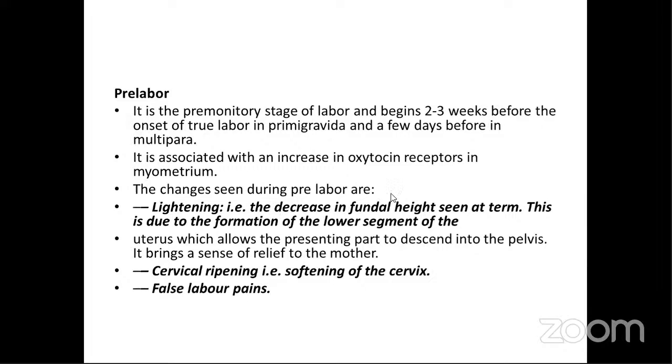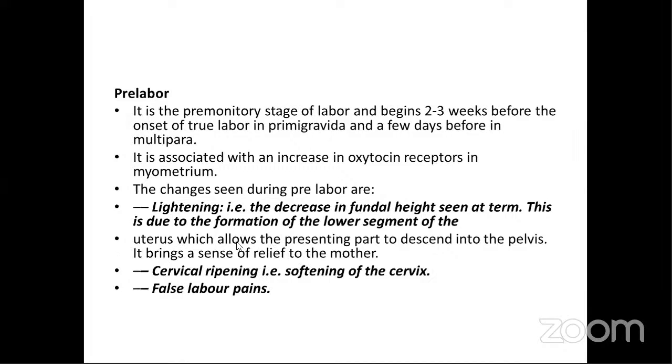The changes seen during pre-labor are lightening. That is the terminology for a feeling by the mother, and there is a sudden decrease in the fundal height seen at term. This is due to the formation of the lower uterine segment, and this allows the presenting part to descend into the pelvis suddenly. So it brings a sense of relief to the mother.